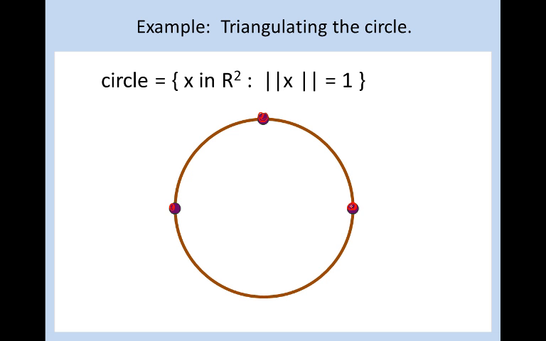So we'll add our 3 vertices in step 0, and then in step 1, I can now add these 3 edges. Note that my edges do not need to be straight lines. A curve is topologically equivalent to a straight line segment, so these 3 arcs here are all edges. And so I now have a triangulation of the circle.